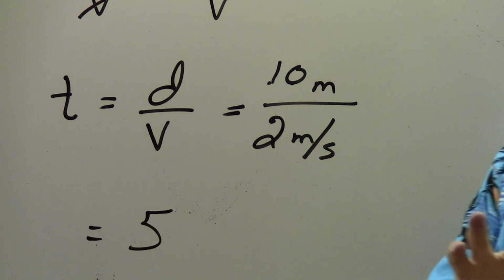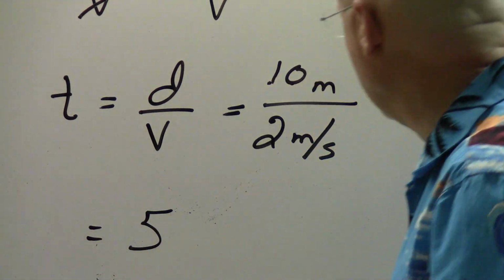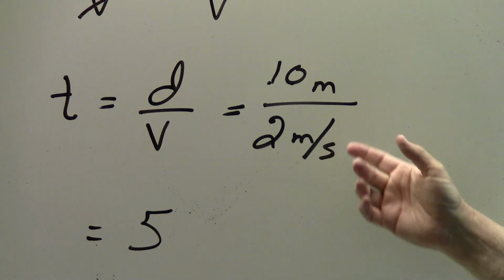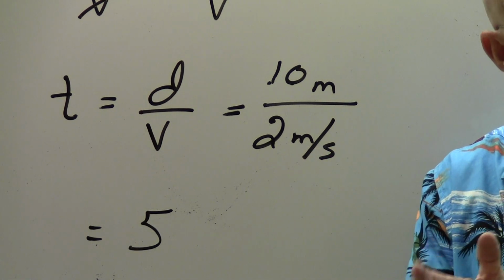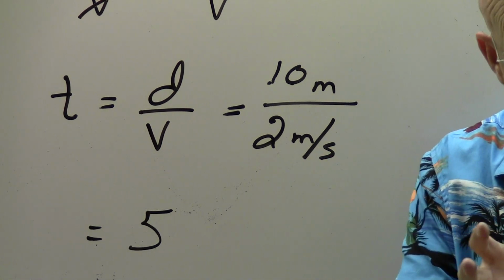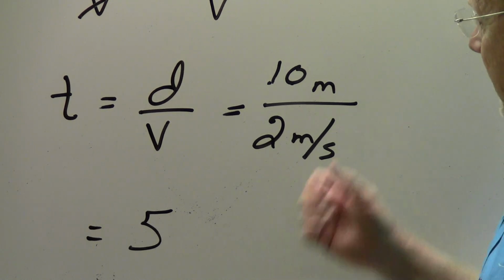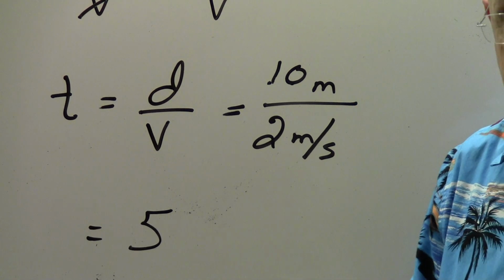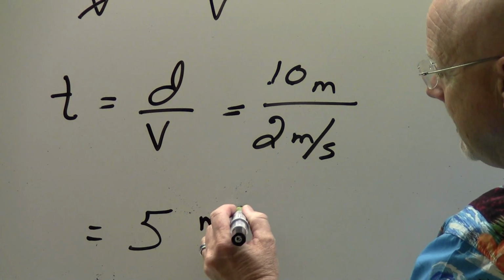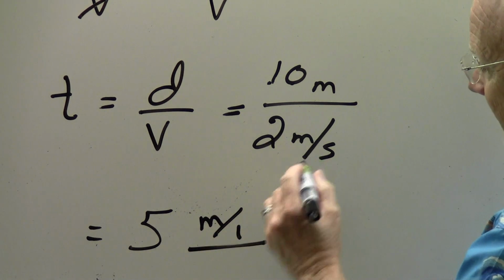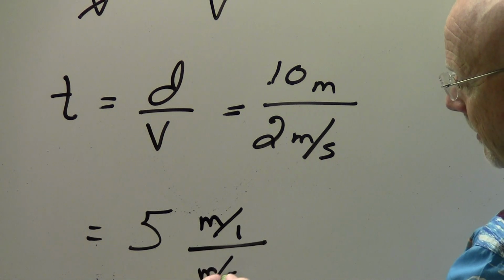Well, let me emphasize, last lecture, what does this really mean? The units are treated mathematically the same as numbers, the same as symbols. And it might have been a while since you've done fractions. So let me write it this way. Let me write it as a meter over 1 divided by a meter per second.